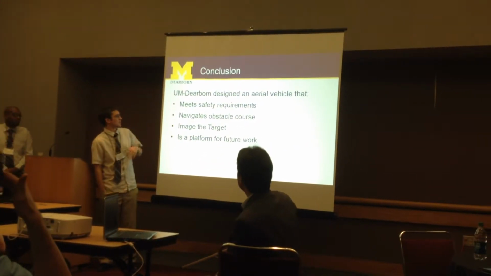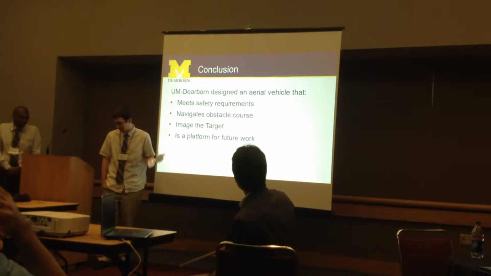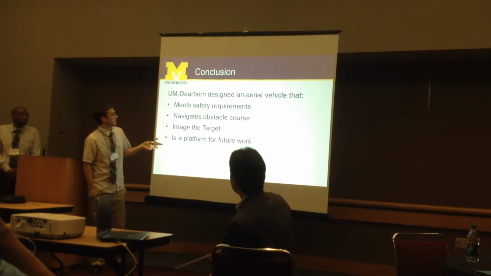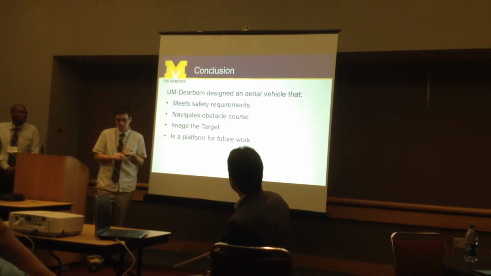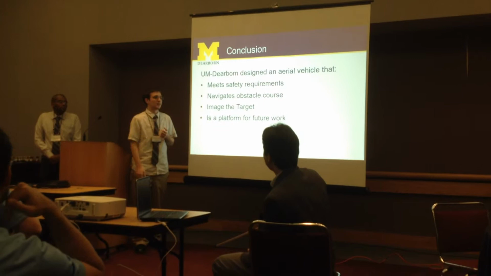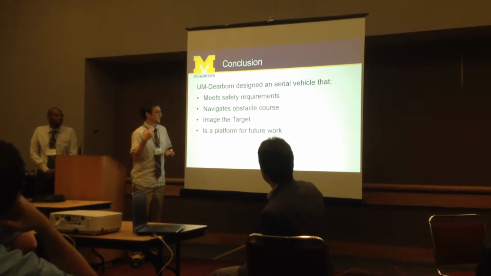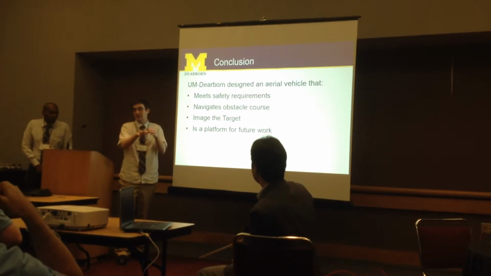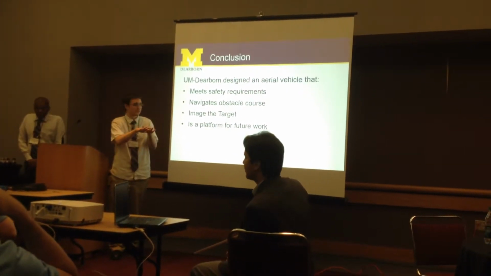So these are the problems that we've tackled for this challenge. We've met the safety requirements, so hopefully we won't be disqualified and will be able to run tomorrow. We've also come up with a navigation algorithm that allows us to navigate past obstacles and start finding the target.